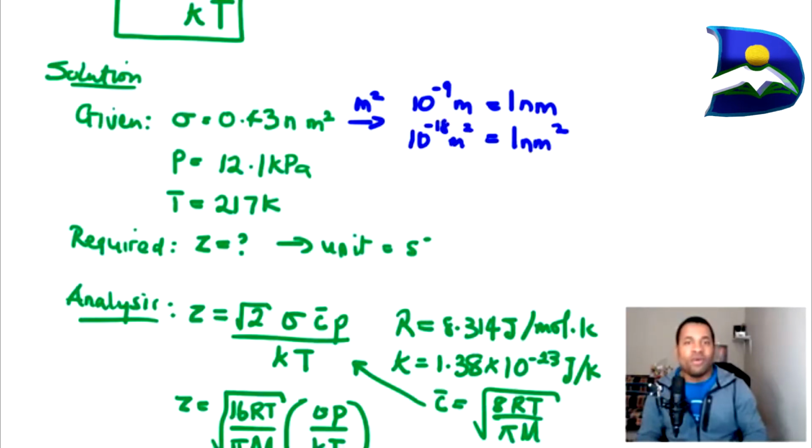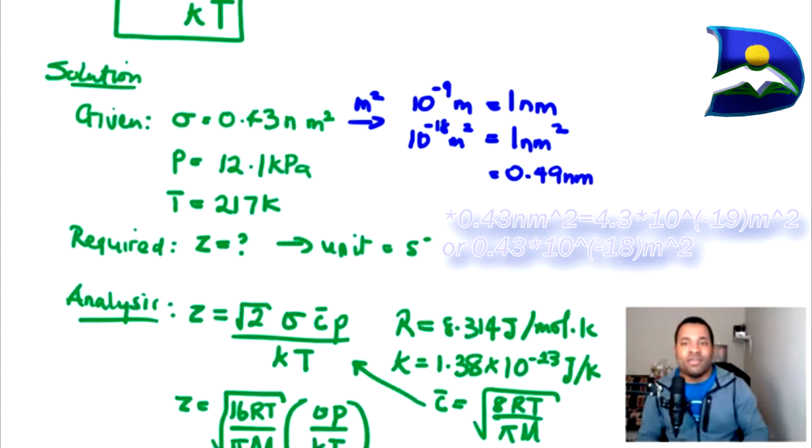And once we have this, we are now going to determine what the unit for our cross-sectional area will be, from nanometer squared to meter squared.